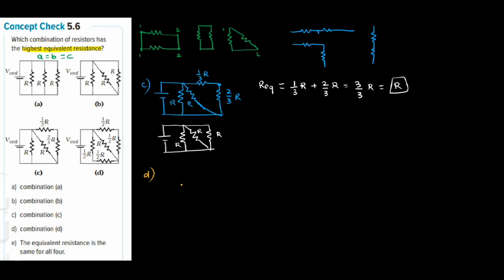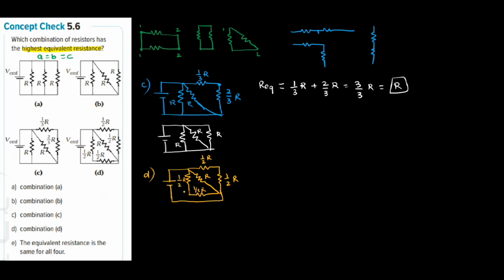In case of D, you have a battery, one resistor again in series combination with the other. Then you have one resistor in diagonal, and then two resistors again in series combination. Here they have a value of half R, half R, this is R, 1 by 2 R, and 1 by 2 R. So first I will try to calculate the equivalent resistance of the series branch.